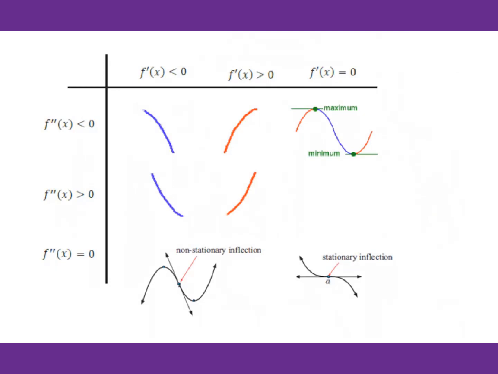When the first derivative is less than 0, this is decreasing. When the first derivative is greater than 0, this is an increasing function. When the first derivative equals 0, it could be a maximum, minimum, or stationary inflection like this point.